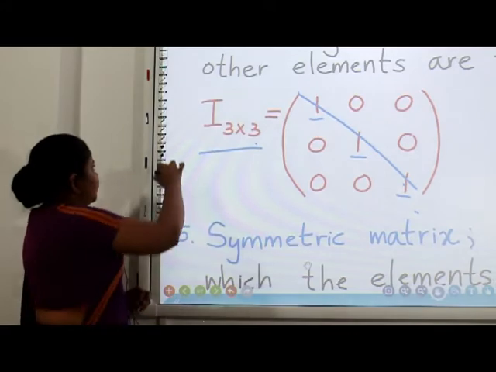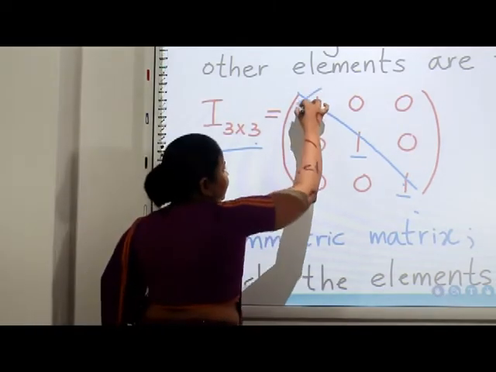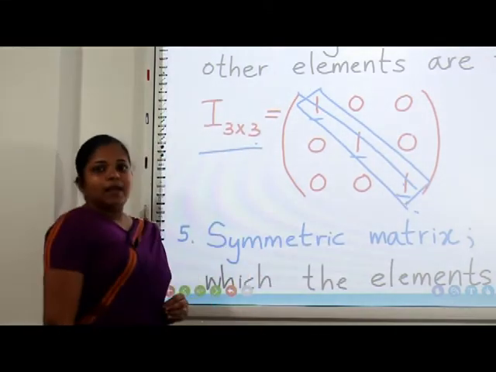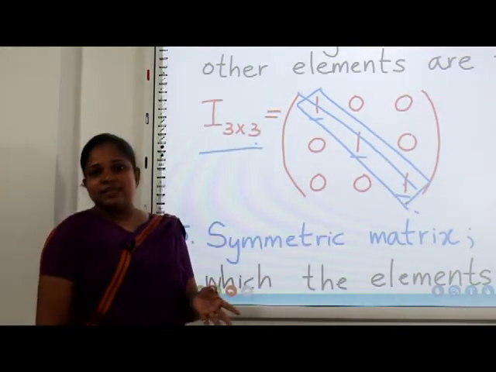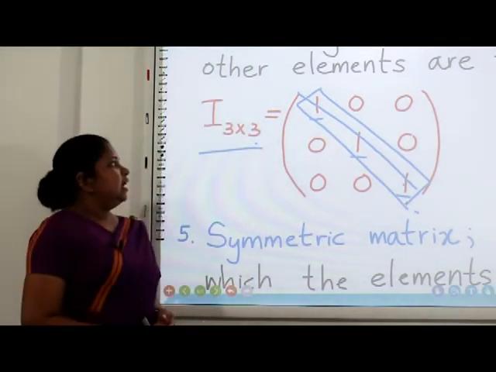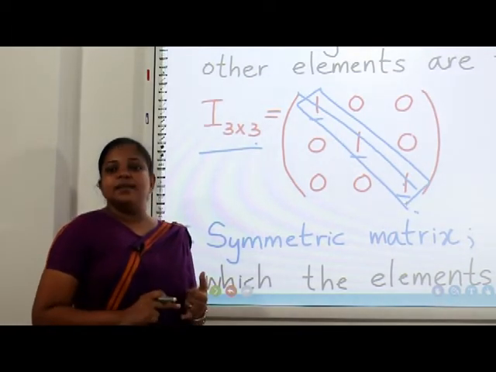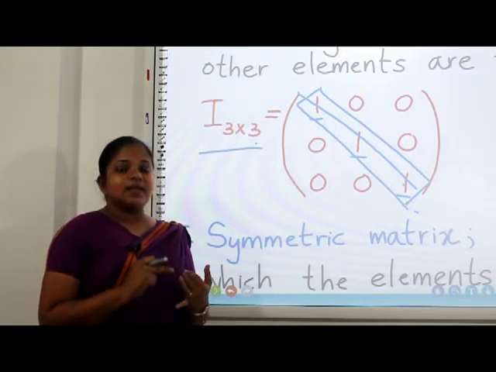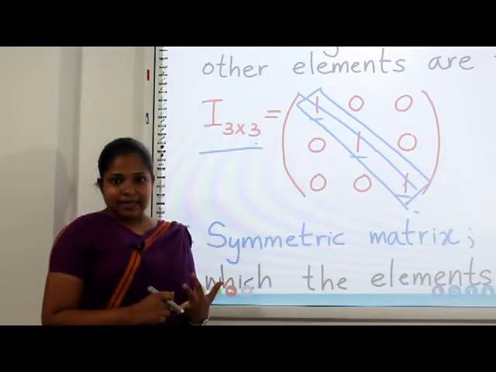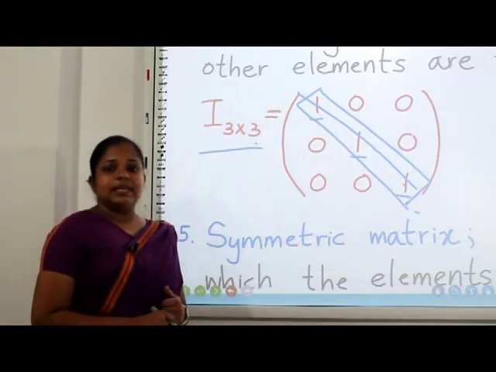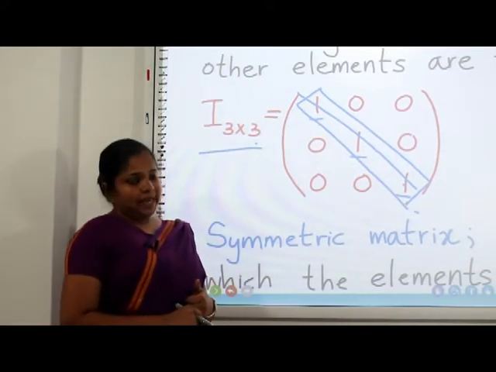You can see the main diagonal and the zeros are placed symmetrically. Then the identity matrix is a symmetric matrix too. So the identity matrix is a square matrix and it is a symmetric matrix too. And a symmetric matrix is a square matrix.